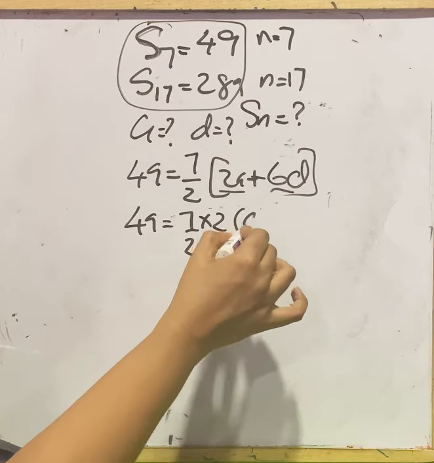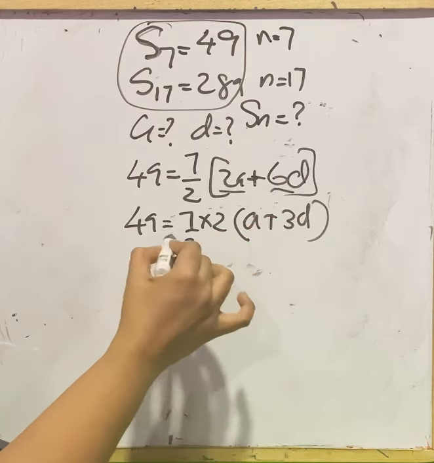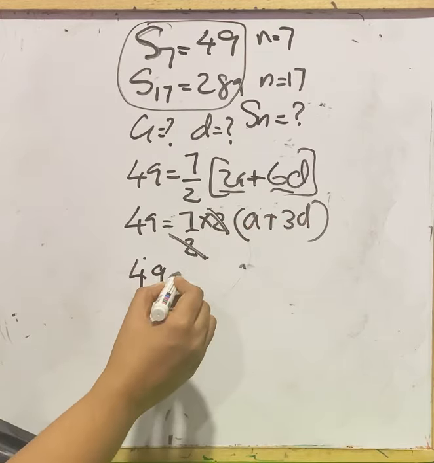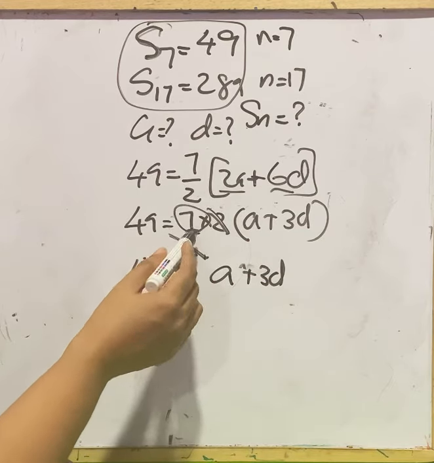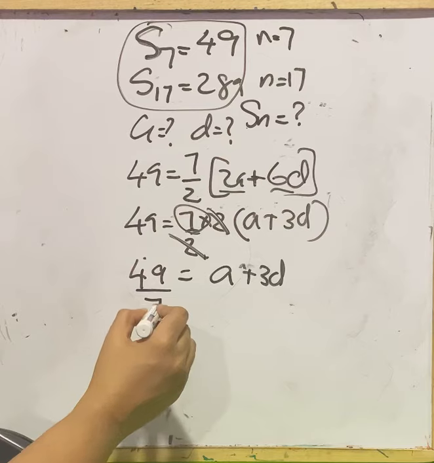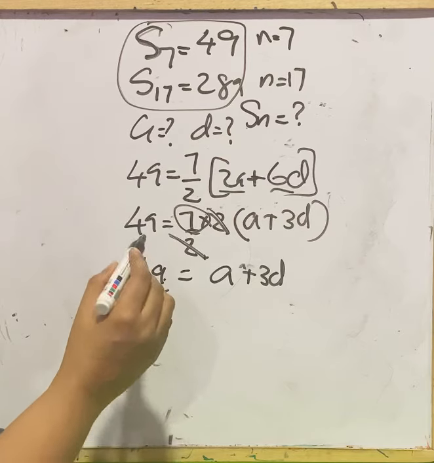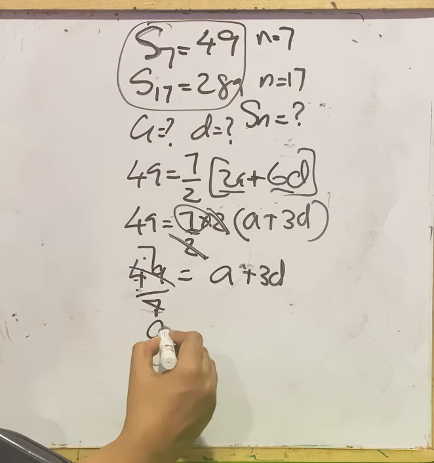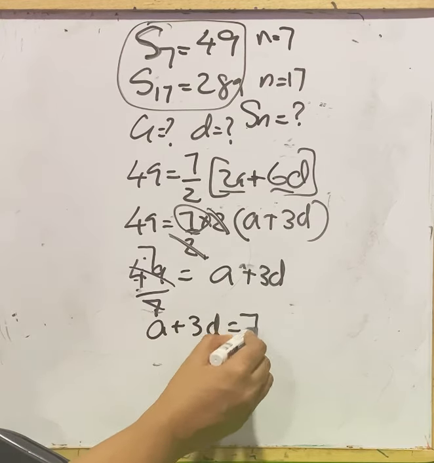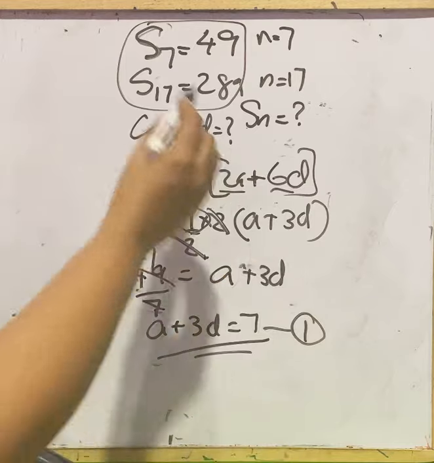So this becomes A plus 3D. This 2 and 2 get cancelled. 49 equals 7 times (A plus 3D). We will take this 7 in the numerator to the other side. It goes to the denominator. That is 49 divided by 7 is 7. We will rearrange this. A plus 3D equal to 7. This is the first equation.